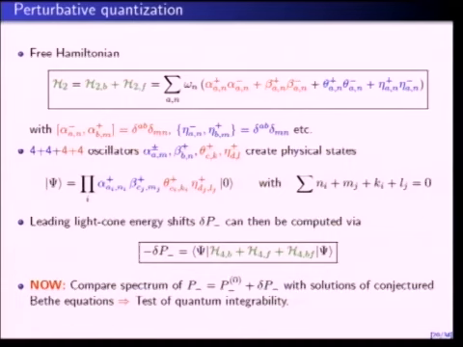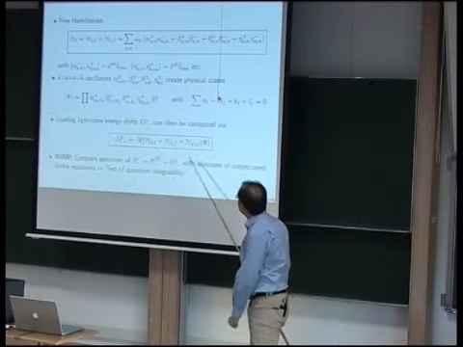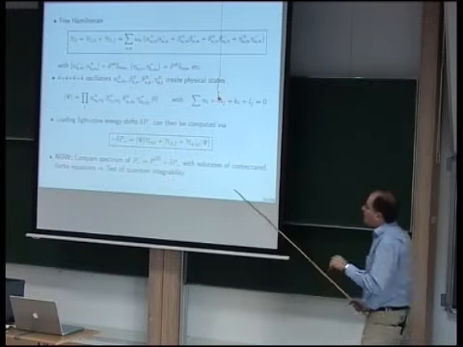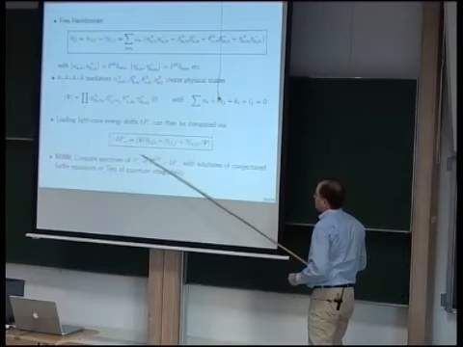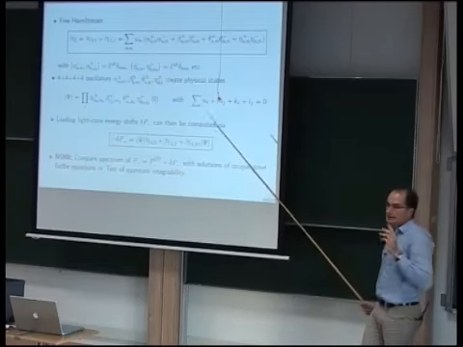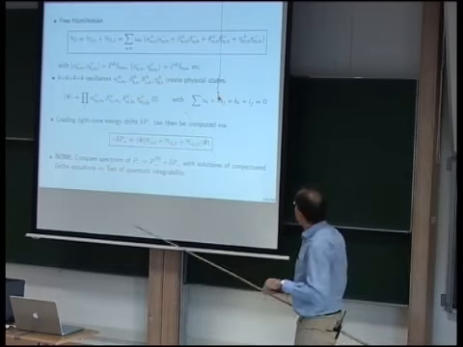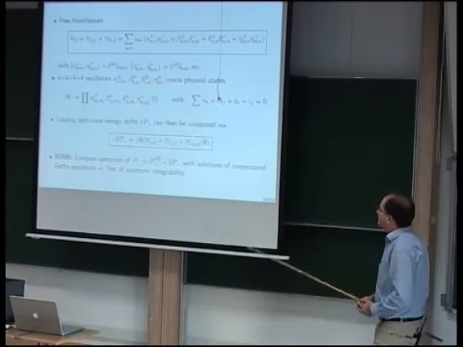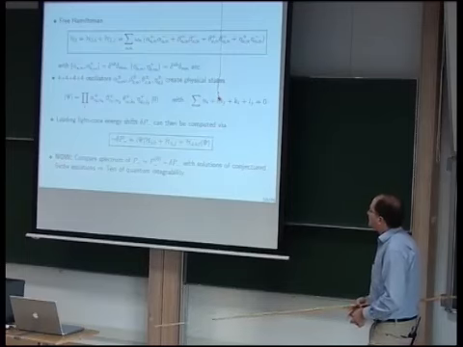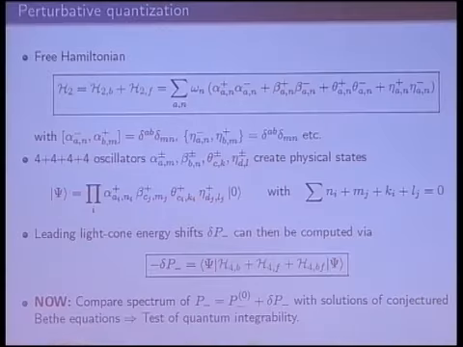And that was the starting point for this paper from this year with Sundin and Hensche, because what we wanted to do is we wanted to use this result and the energy shift in order to test the beta equations, the conjectured beta equations for the AdS CFT system in larger sectors, so going beyond rank 1. And this is, of course, then a test of the quantum integrability of the string theory.